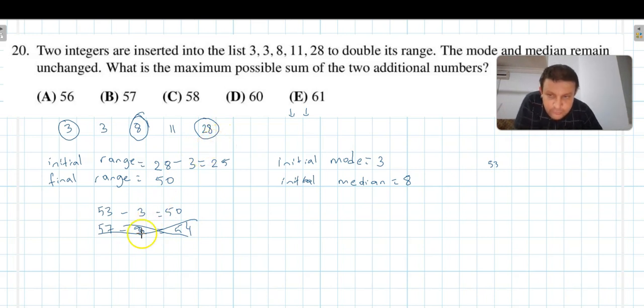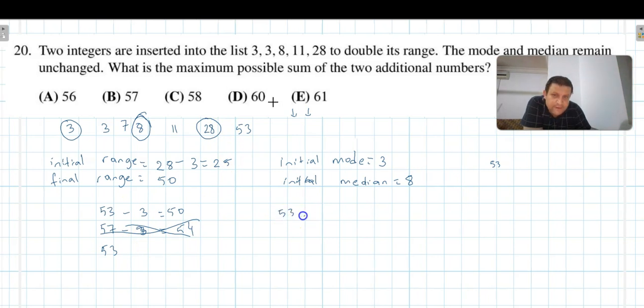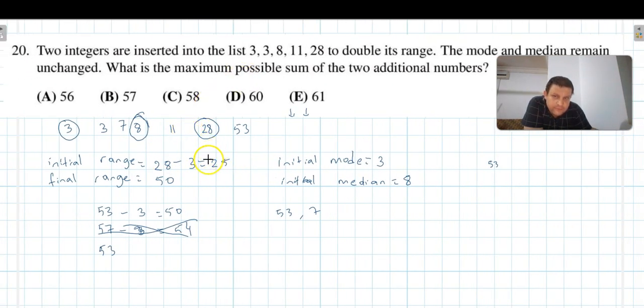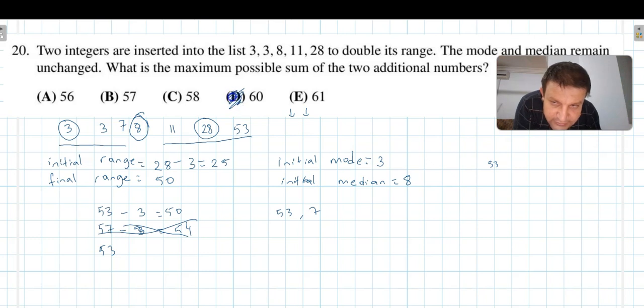What we can do is add 53, so the range is still 50, but for the second number I can choose 7. So the two numbers I'm going to add are 53 and 7. The range is going to be 50, 2 times 25, the mode is still 3, and the median is going to be 8, because there are 3 numbers before 8 and now 3 numbers after 8. So my answer is 60.